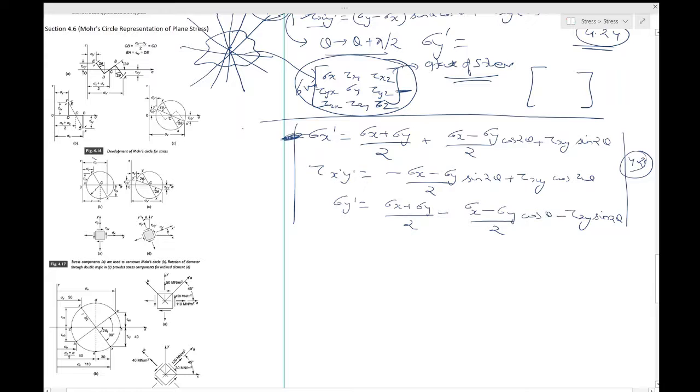We want to graphically do this by laying out sigma x dash along the horizontal sigma axis. So this is the horizontal sigma axis.